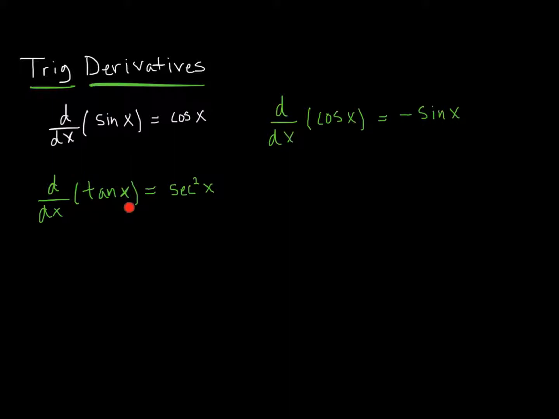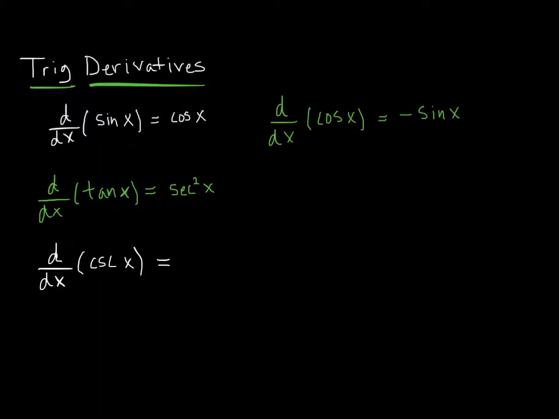The derivative of tangent of x is secant squared x, and tangent of x is just sine of x over cosine of x, and so we can use the quotient rule actually to find this derivative here pretty easily. So I encourage you to try proving that as well using sine of x over cosine of x, because that's what tangent of x is. And then we can apply that same idea to find the derivative with respect to x of cosecant, because cosecant is 1 over sine of x.